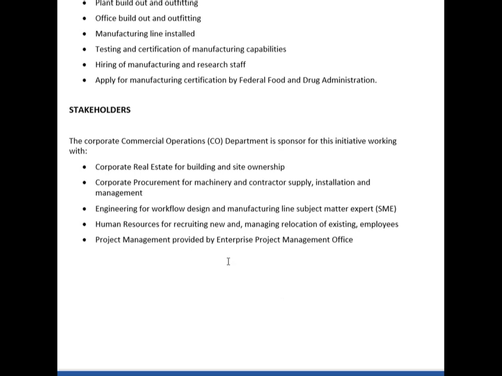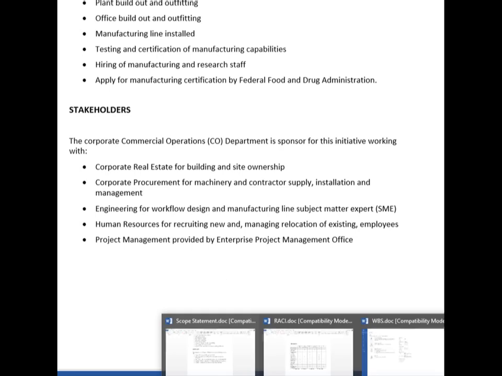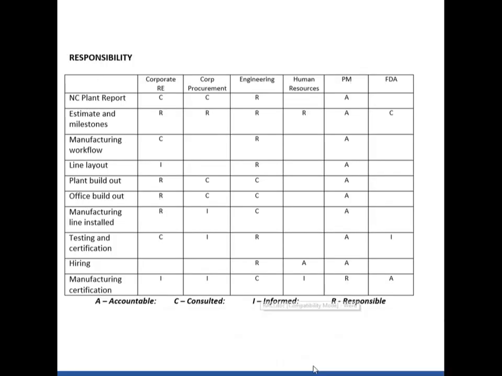What this helps me do is create a RACI that documents the stakeholders and their responsibilities for each deliverable. A RACI is not required, but I've added one just for illustration purposes.